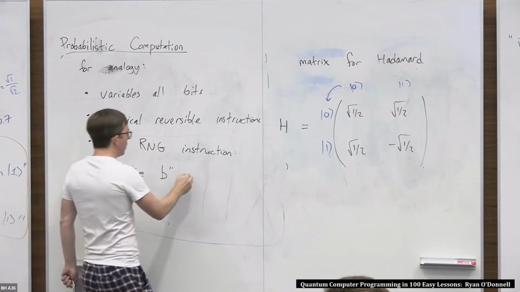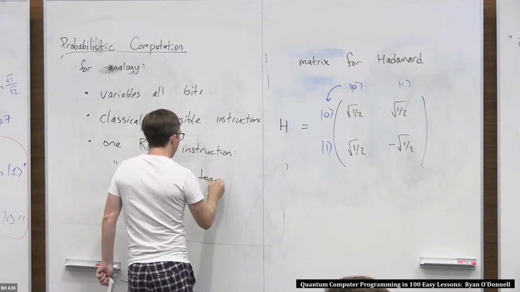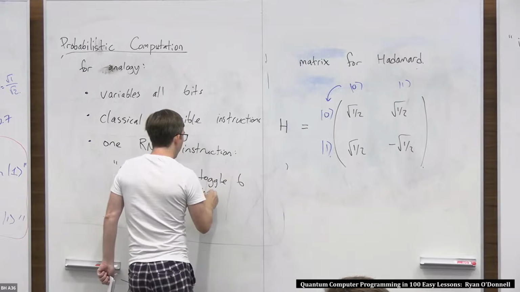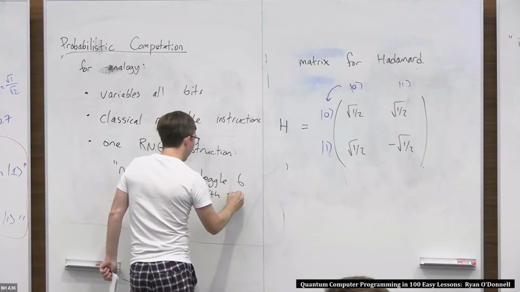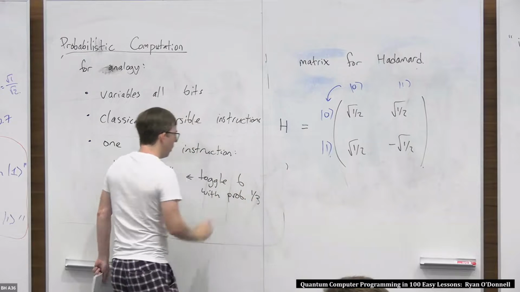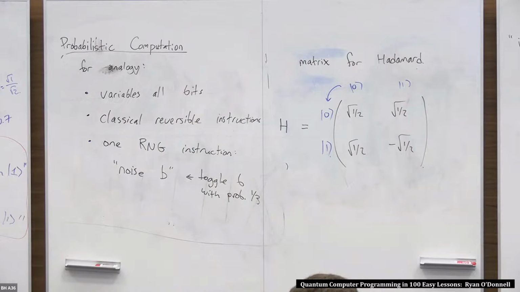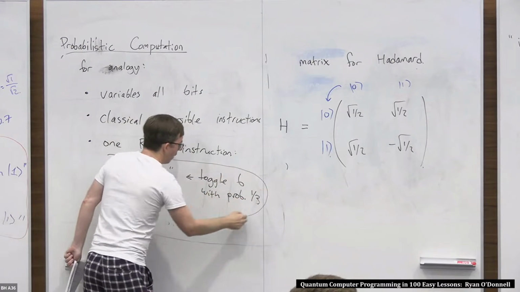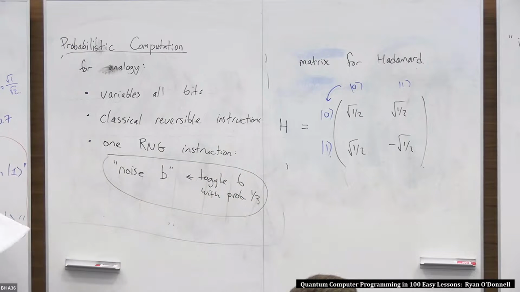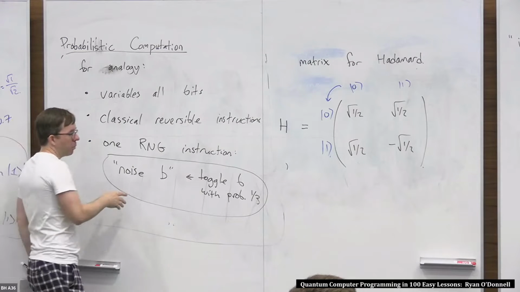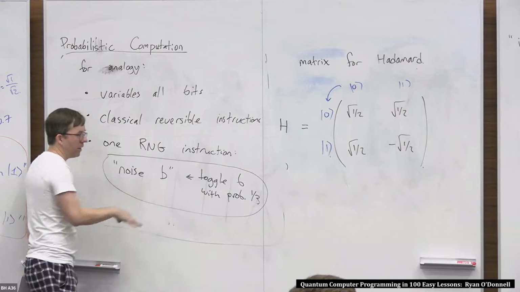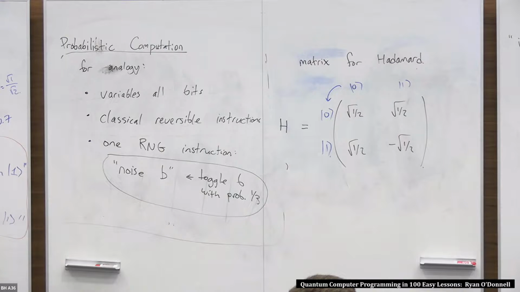And what does noise B do? It toggles B with probability 1/3. Why 1/3? I just made it up. I made up this instruction called noise just for pedagogical purposes. It toggles B with probability 1/3. Or you can think of it as: if randint 3 equals 1, then toggle B, else don't toggle B.